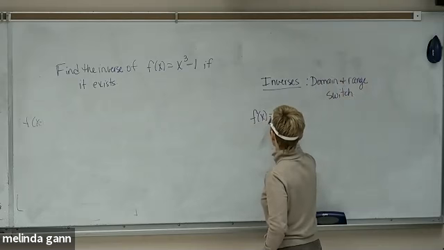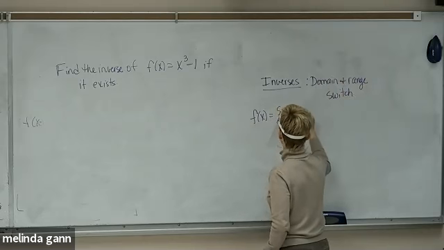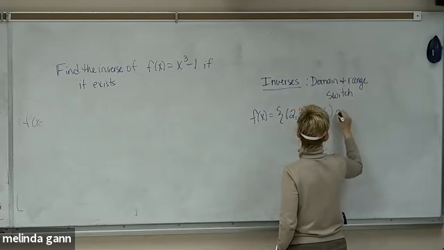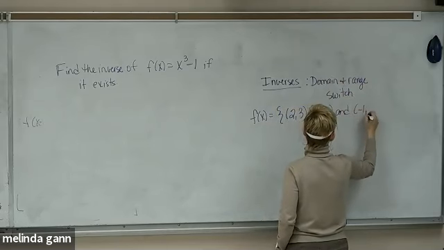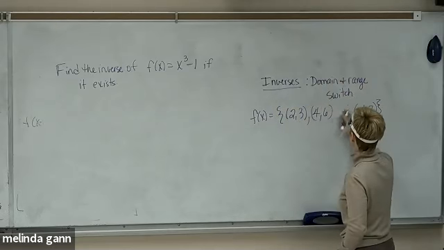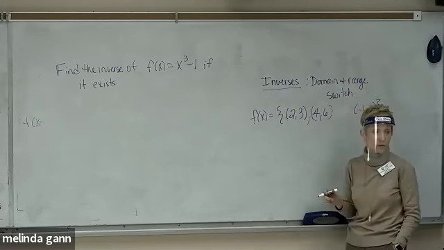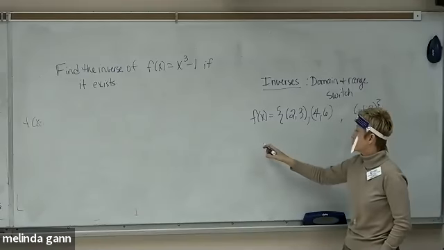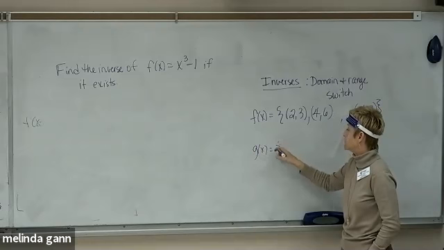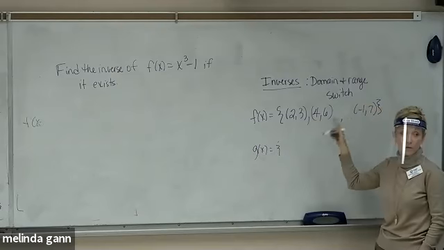Suppose one function was this set of points: (2, 3), (4, 6), and (-1, 7). That's their whole function, just 3 points. What if G was the inverse of this one?